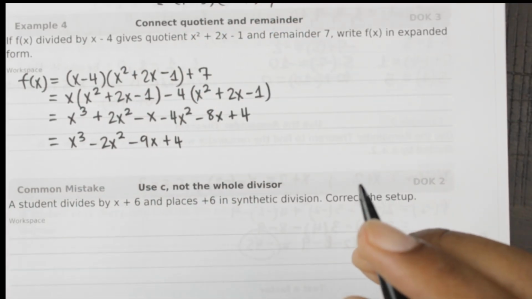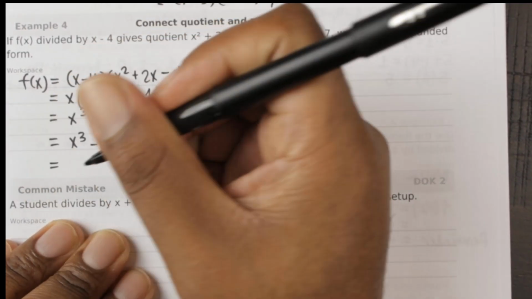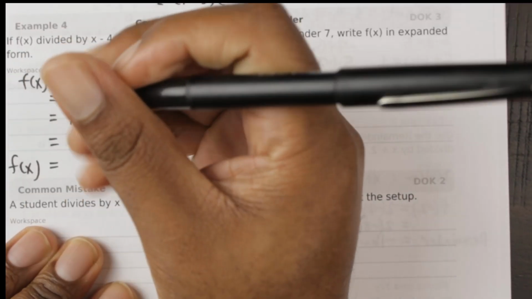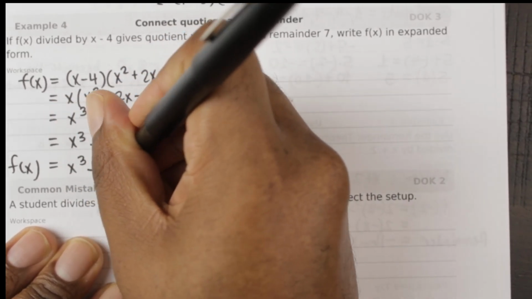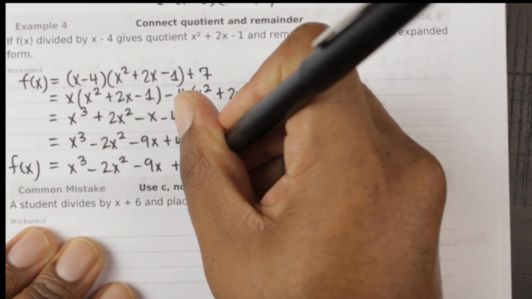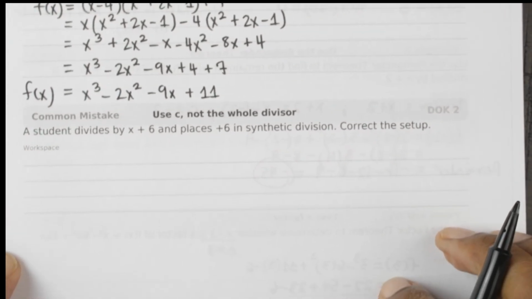And now we add the remainder of 7 onto this. We have f of x equals x cubed minus 2x squared minus 9x plus 11.